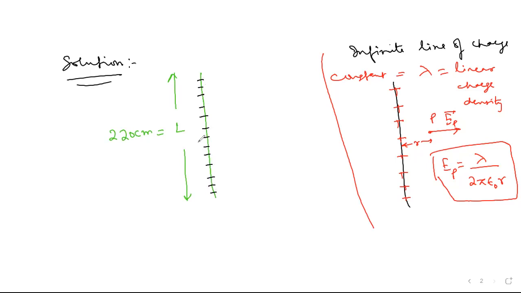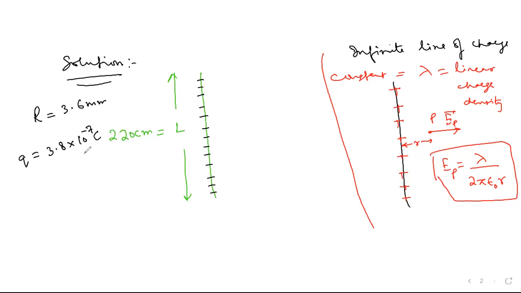It has a radius, which is given to us. Its radius is 3.6 millimeters, right? It carries a negative charge, and that negative charge on it has a magnitude, which is given to us. Q is 3.8 into 10 raised power minus 7 coulomb.